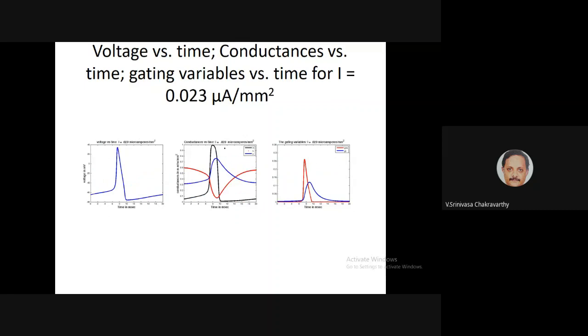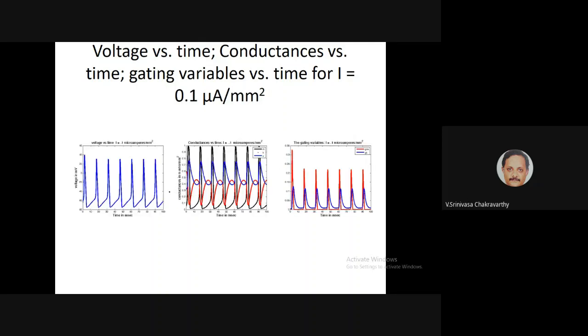But when you increase your input current and make it go beyond the threshold value, suddenly you see a sharp spike occurring in the voltage. And as you increase input current further, instead of a single spike, you will see a whole series of spikes.